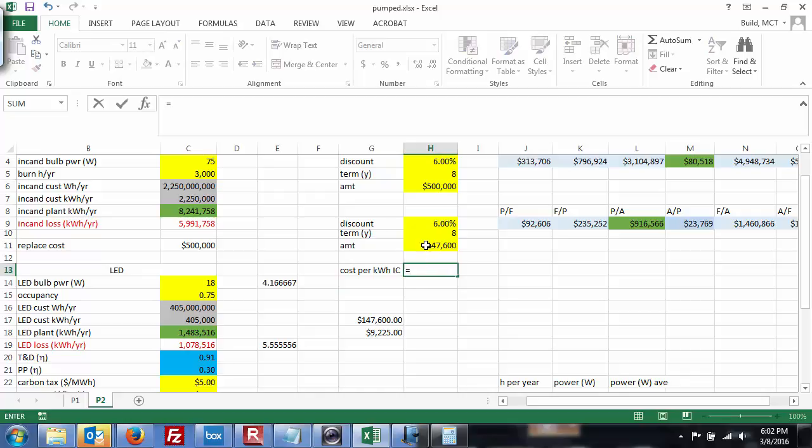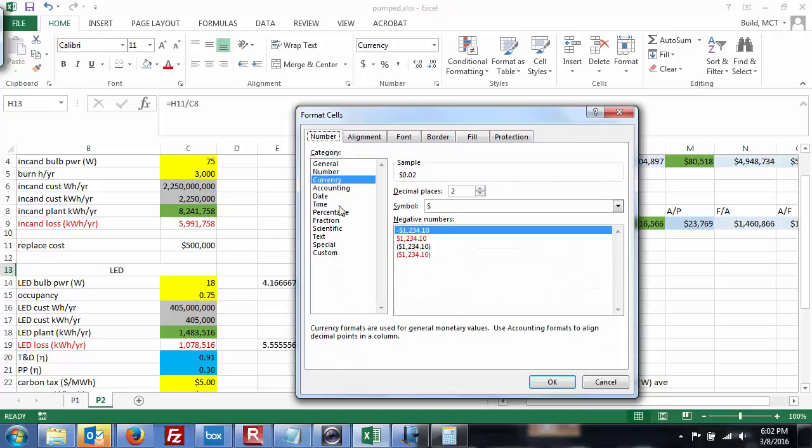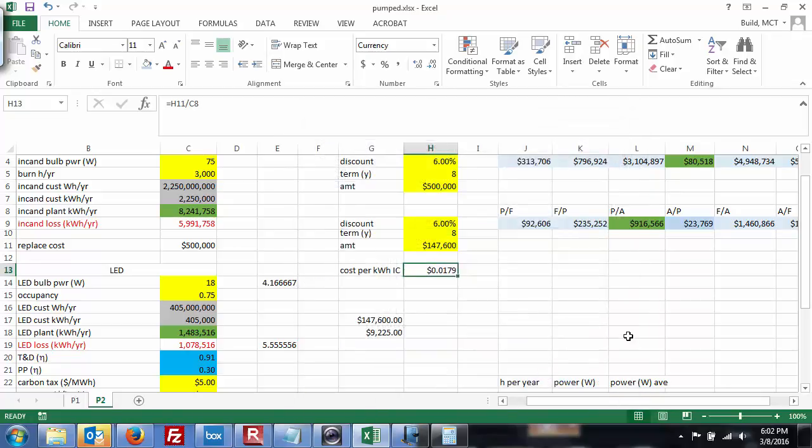Equals, so dollars per kilowatt hours. And I'm looking at this from the demand side. Currency. We could actually do all 4 of them. I don't even care. So this is at the plant.